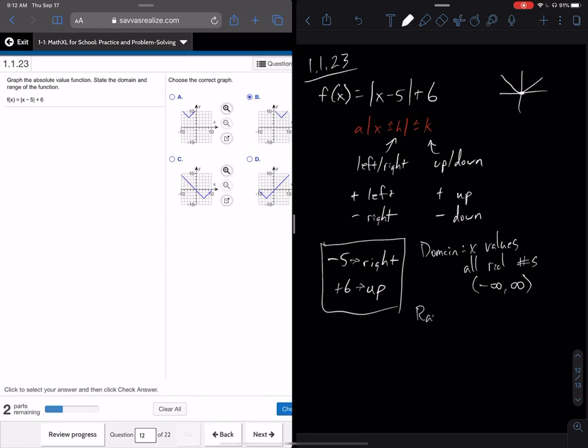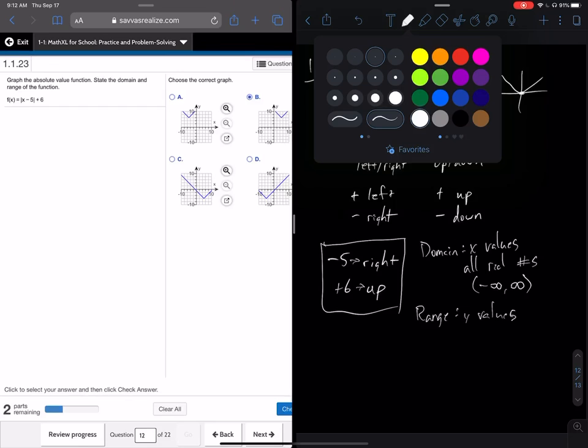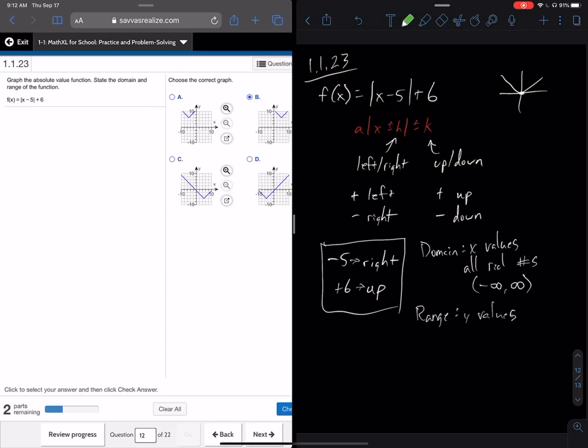My range is my y values. So I'm going to look at what numbers I am allowed to have. Well, my graph is up here. It went up and to the right. My x values, as we already went through, go forever left and right.